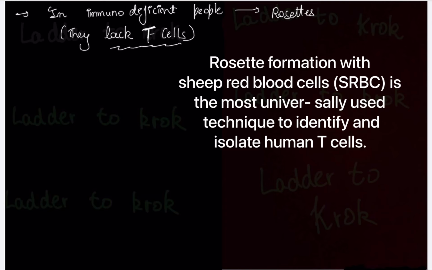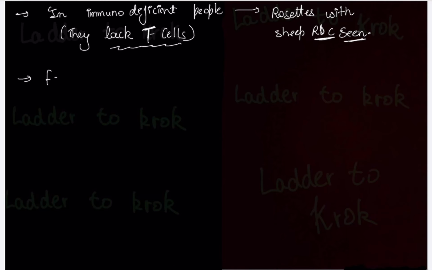In this you will see rosettes with sheep RBC. RBC means red blood cell. Rosette with RBC is seen in these people. Now our next point.